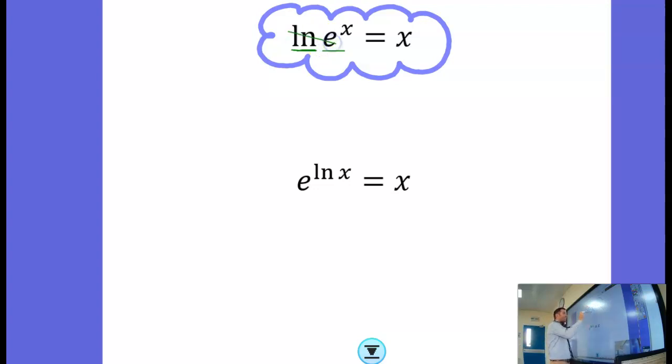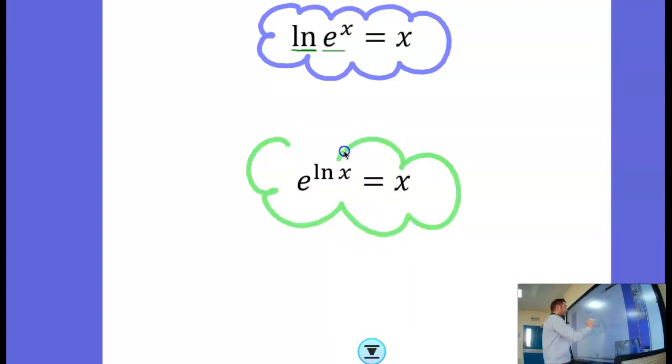So these kind of cancel out. Same the other way around. If I've got e to the power of ln x, it's just x. Okay? So just make a note of those two key points. Very useful to be able to spot that in these things, we get x.